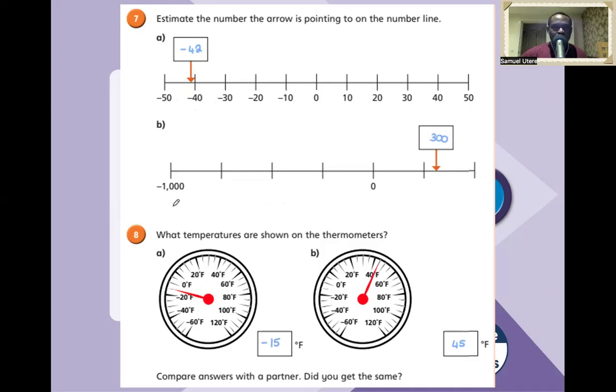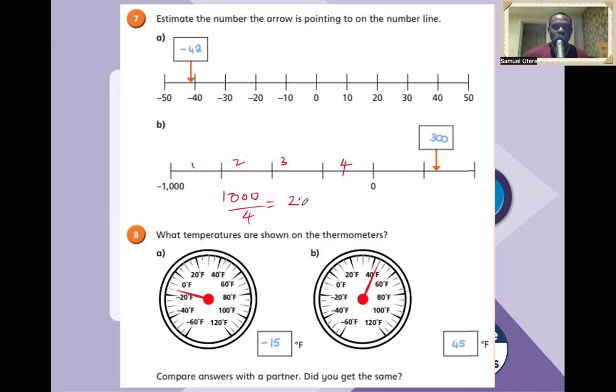Next, this one. We can see that we have negative 1,000 and then 0. Now, we can see that we have 1, 2, 3, 4 intervals. It means from negative 1,000 to 0, you have 1,000 to split among 4 intervals.